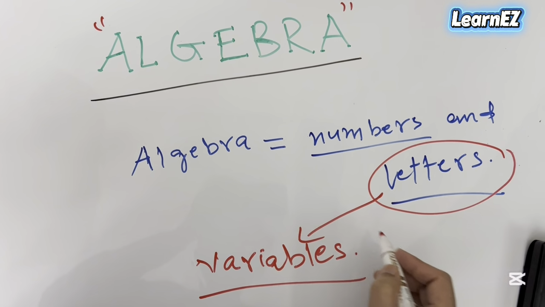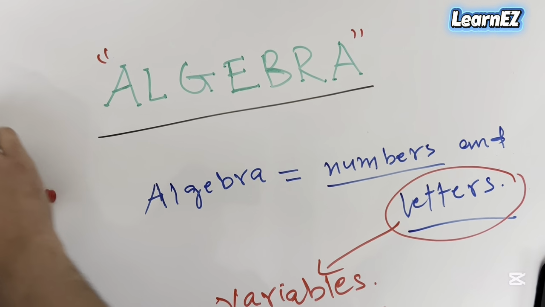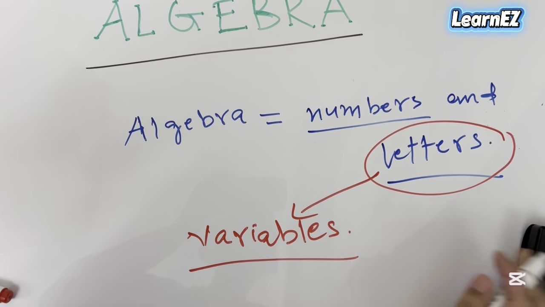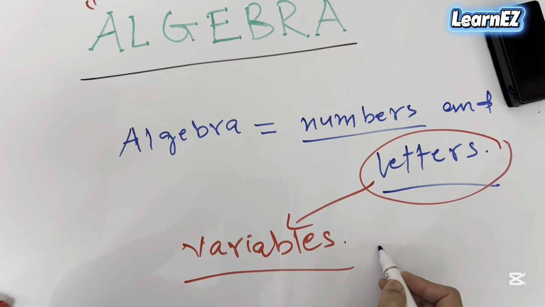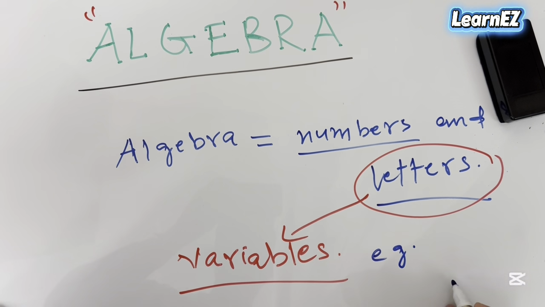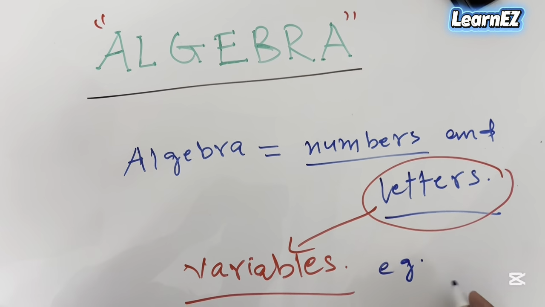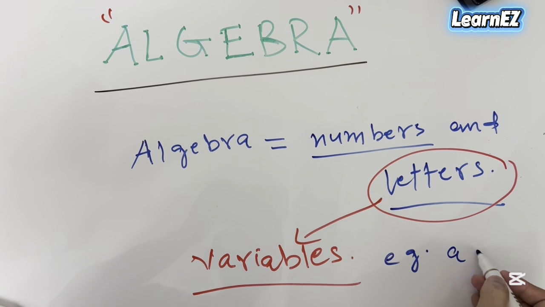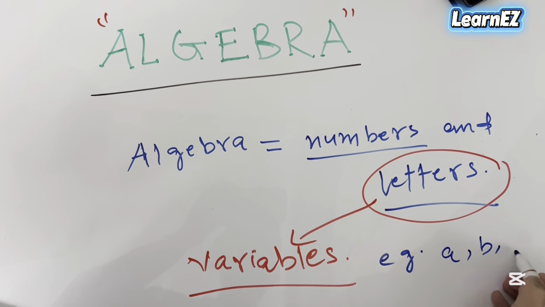Okay, let me give you the example. So A, B, C, X, Y, Z. These are the most common which we use in our algebra expressions and equations.